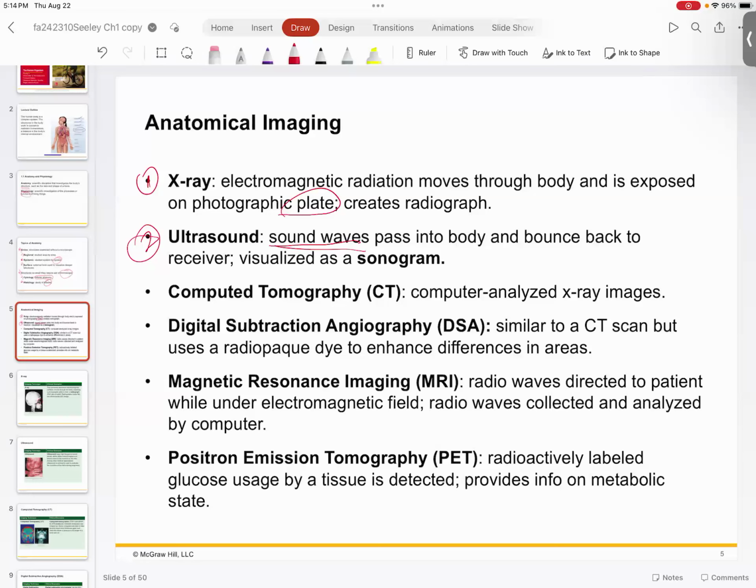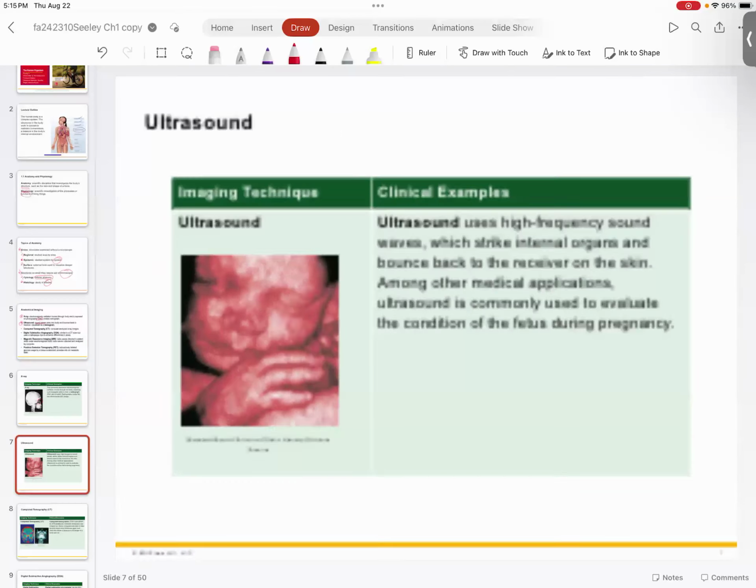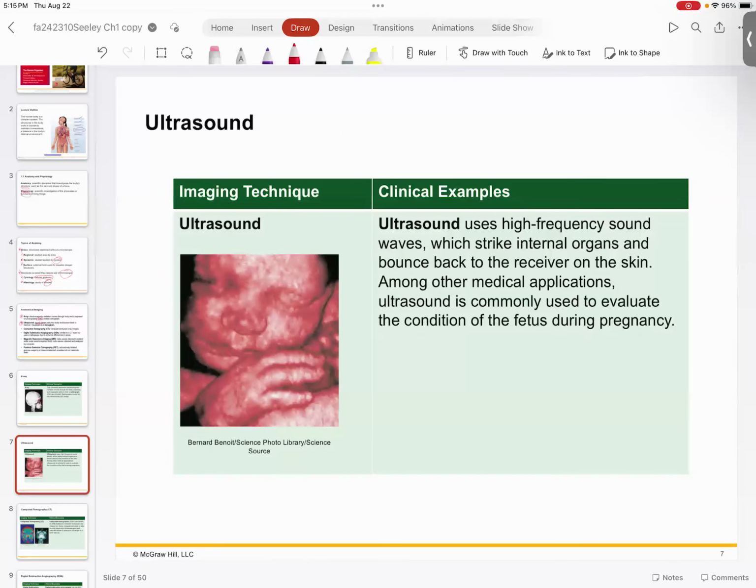The faster it bounces back, the closer the object is. The longer it takes, the further away it is. By doing that, we can create a three-dimensional view of whatever the object is. Different ultrasounds have different levels of resolution, but typically really good ultrasounds can be used to visualize this little guy right here.